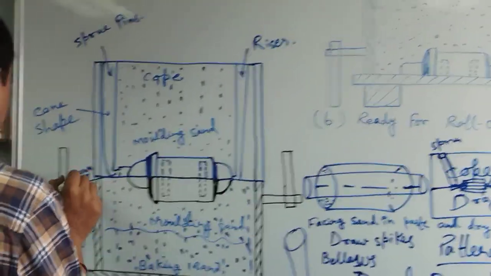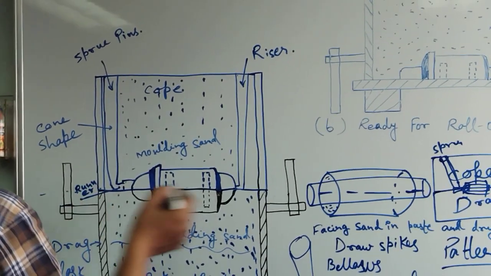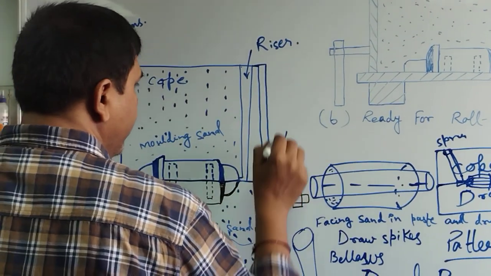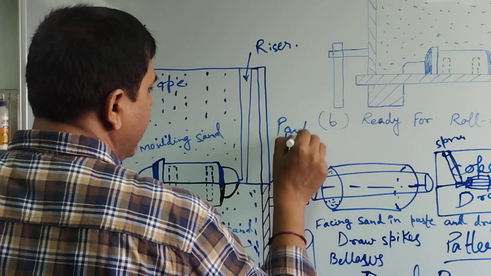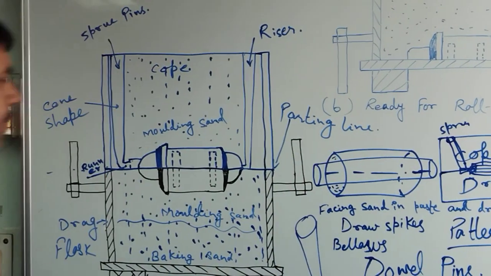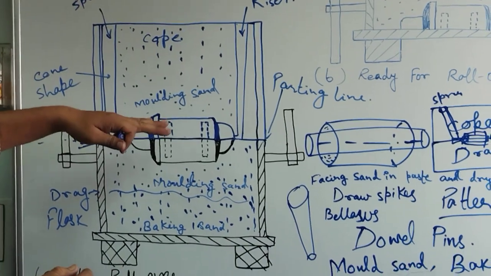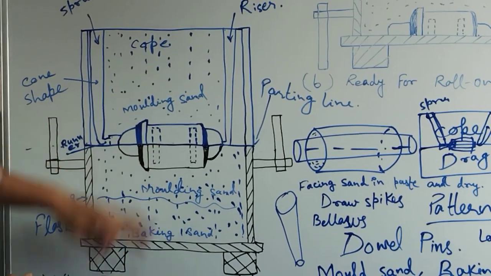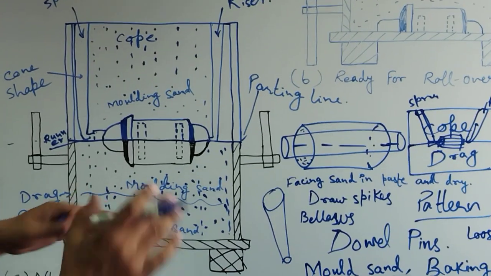This is the parting line, through which both the cope half and the drag half can be withdrawn.